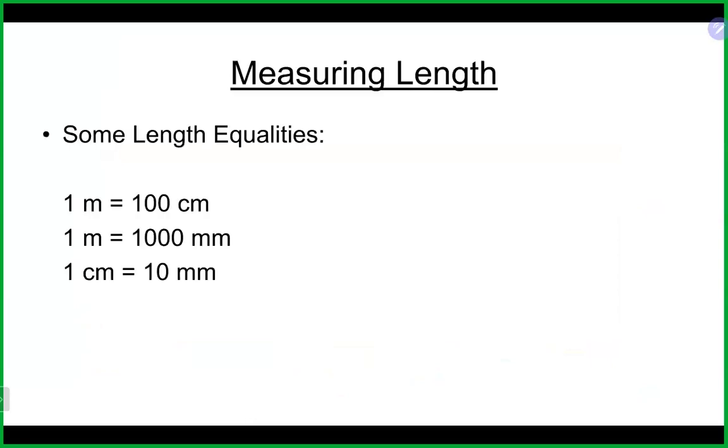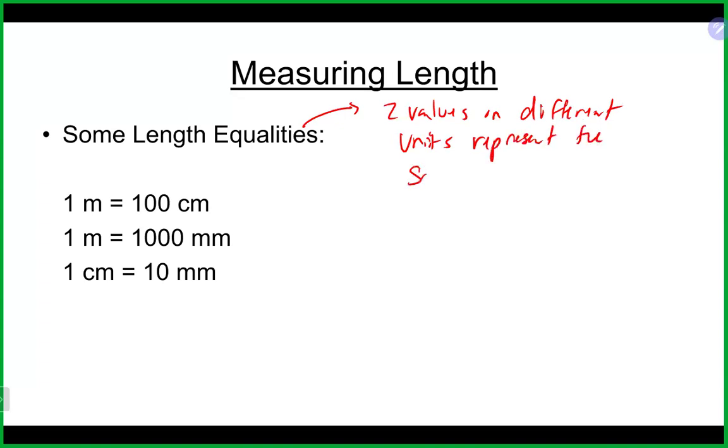So again, some of our common length equalities. A reminder that an equality is, again, 2 values in different units, but they do represent the same amount, or whatever you're talking about, our same distance.